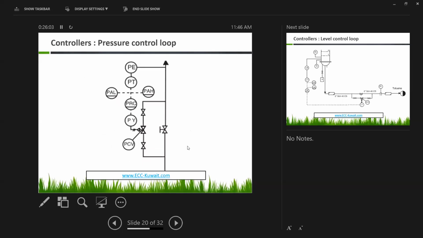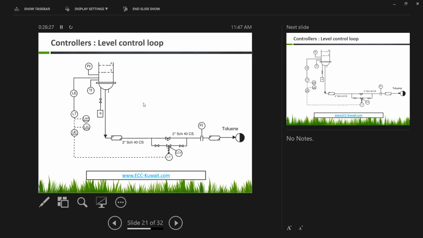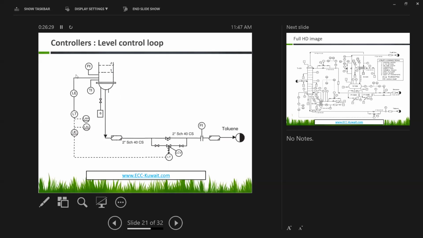Going to the pressure control loop, the same structure: pressure element, pressure transmitter, pressure alarm low and high, a pressure record control, and pressure relay, goes to the double block and bleed arrangement or the control valve arrangement. And for the level, the same; you can check that we have the same structure for all control.